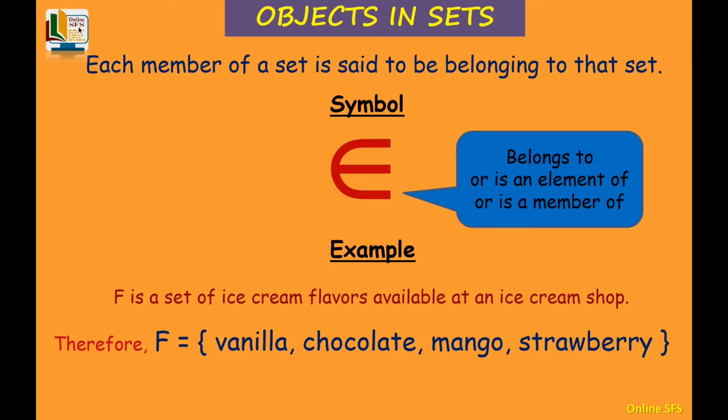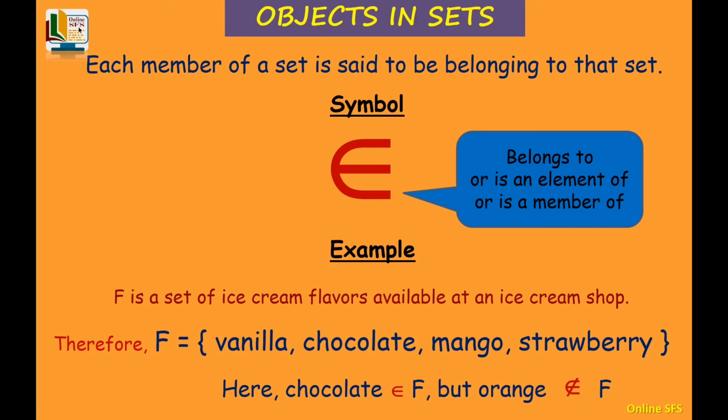Here you can say that chocolate is an element of the set F, but orange is not an element of the set F, or orange does not belong to set F as it is not a member of the set F. To represent that an object is not a member of a particular set, we cross out the same symbol, as shown here.